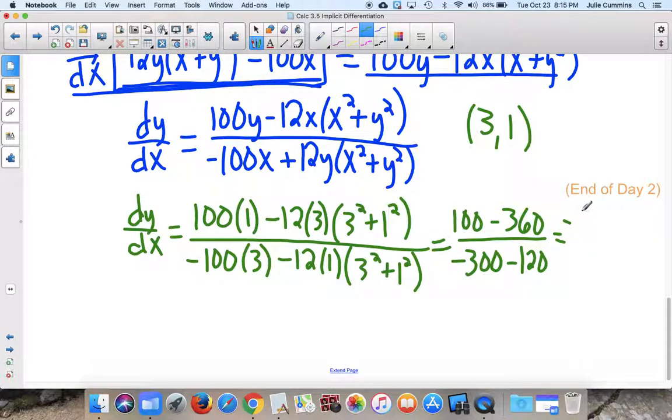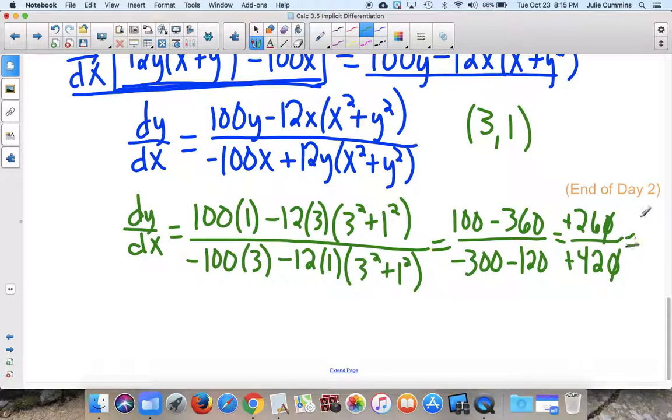So that's negative 260 over negative 420, which is going to be positive, of course. I'm going to drop those zeros. I don't know, what is 26/42 reduced to? Kind of feel like that's not right for some reason. Yeah, we'll get to that.